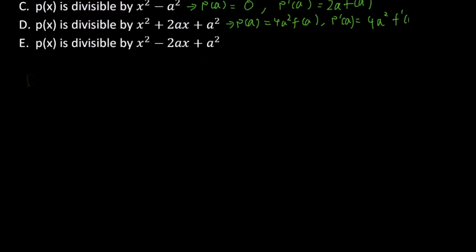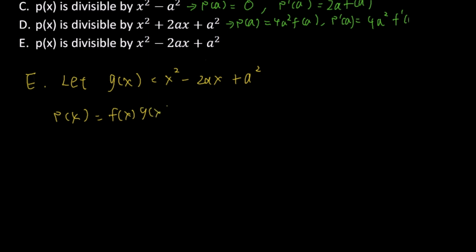So let me switch back to yellow. E. Let g at x equal x squared minus 2ax plus a squared. Okay, so we will start with P at x, and that's equal to f at x times g at x.